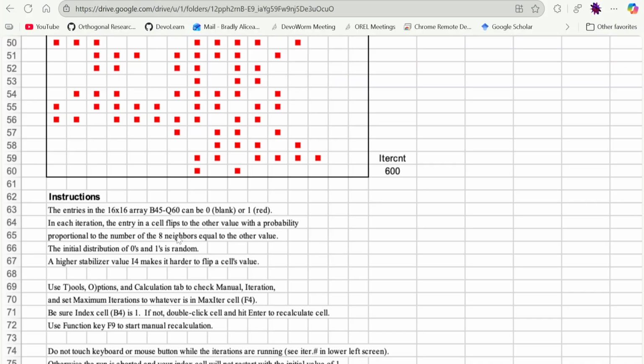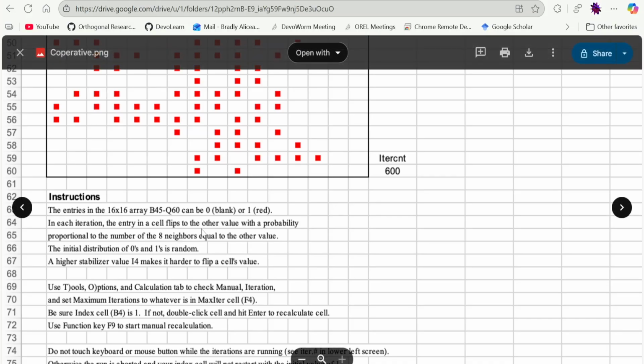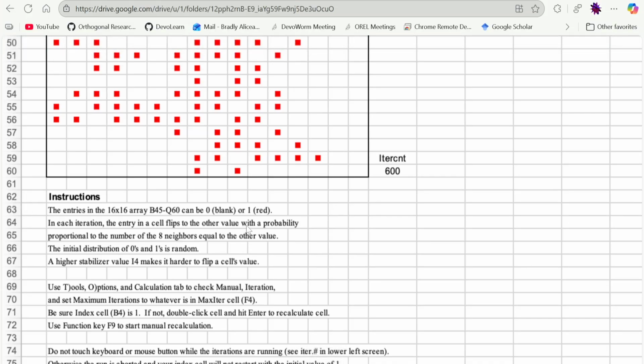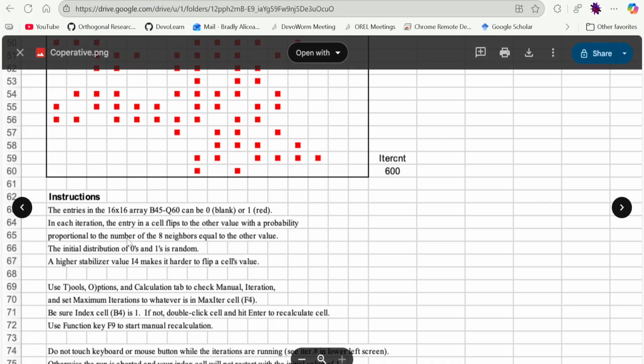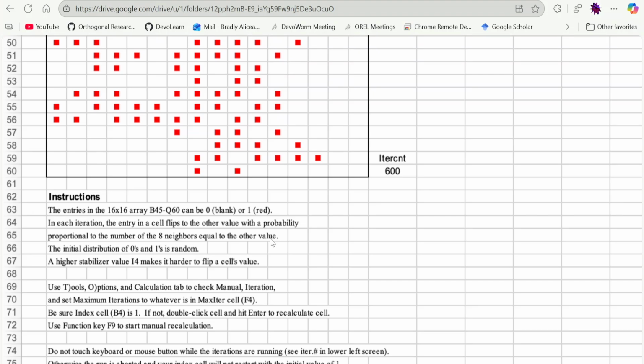So what we're going to do is start with our 16 by 16 array. We're going to have multiple initial starting points. We're going to flip the entries in a cell to some other value with a probability proportional to the number of the 8 neighbors equal to the other value. So when we have a majority of cells that are blank, that central cell will then become blank.